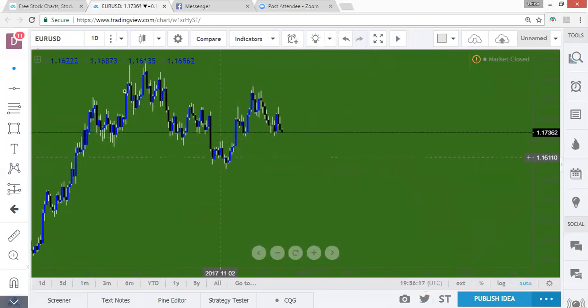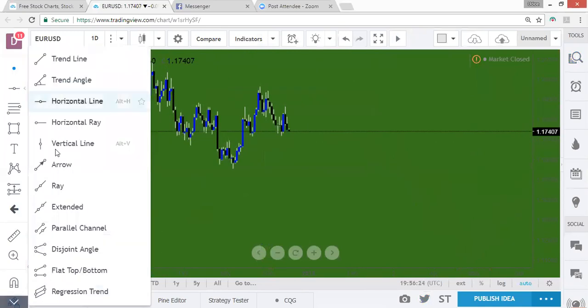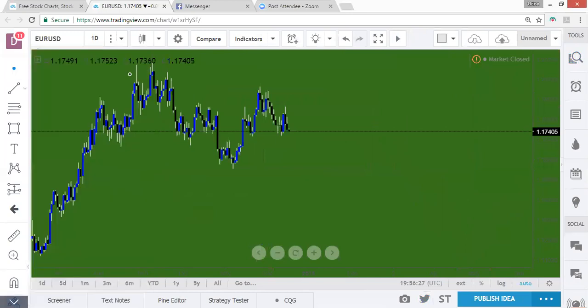So back testing wise, if you want to do some pattern back testing, if I can move this crap.